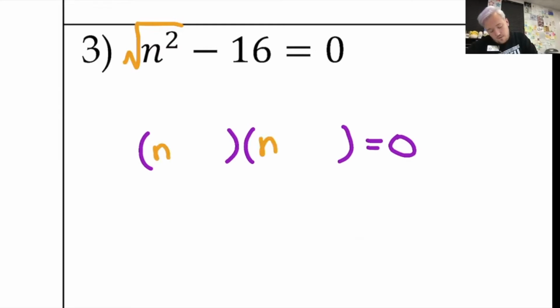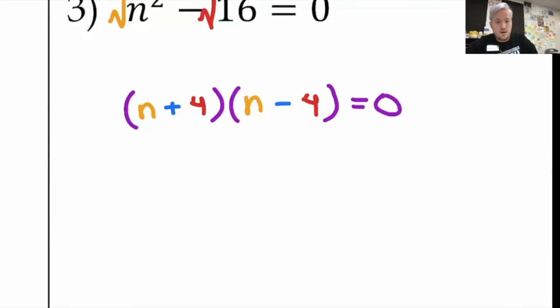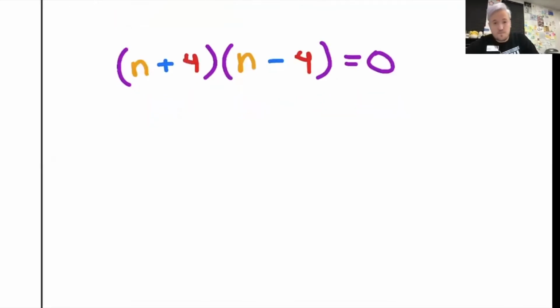And then I want the square root of the last, which is 4. And then for your signs, you have one with plus and one with minus. All right, so now I'm going to take my components and set them equal to 0. So n plus 4 equals 0 and n minus 4 equals 0.